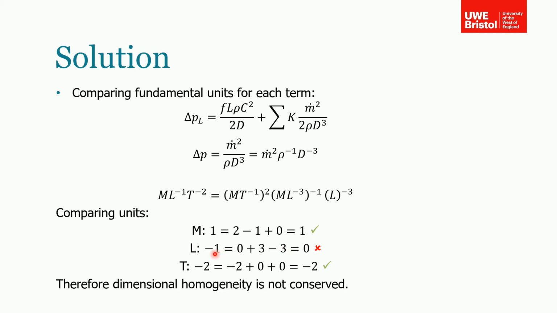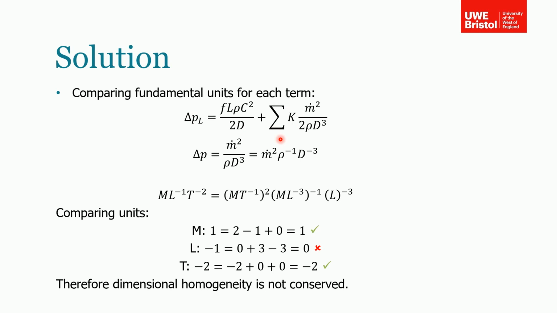So -1 obviously does not equal 0. Therefore, dimensional homogeneity is not conserved for this third term, and therefore the answer to the original question, could this formula be correct, is no. That's because the units of the first term and the second term agree, but the units of the third term are different.